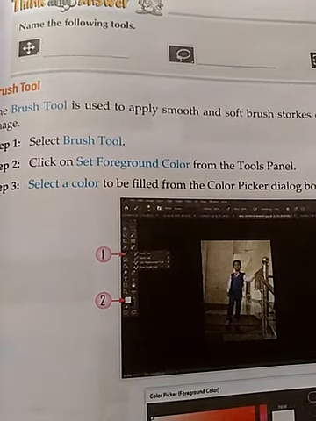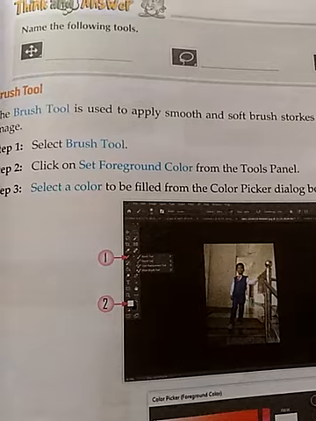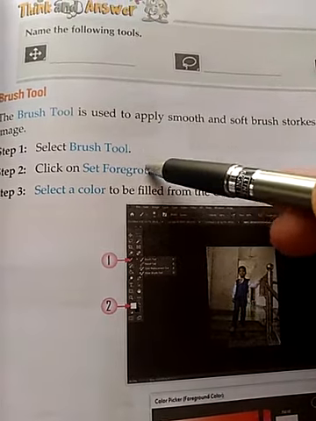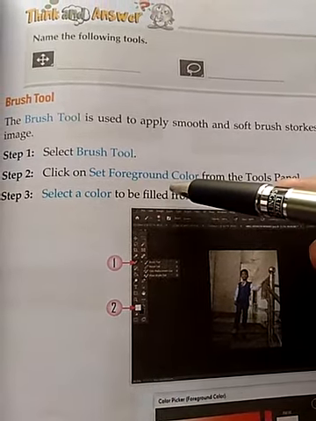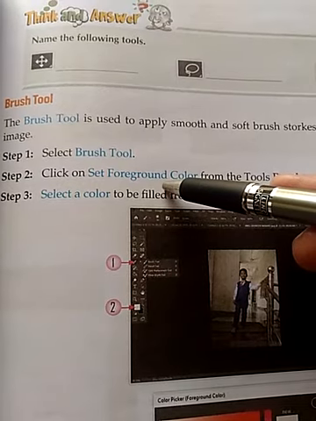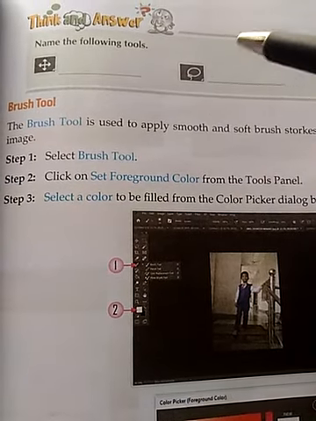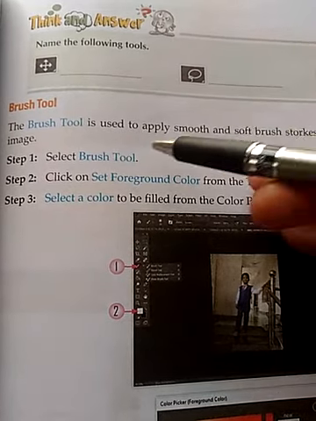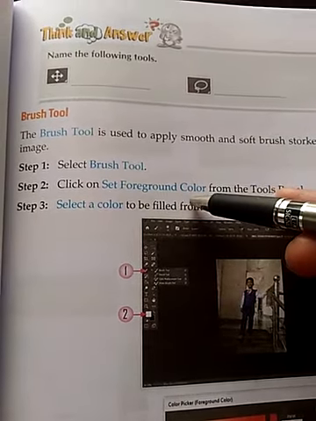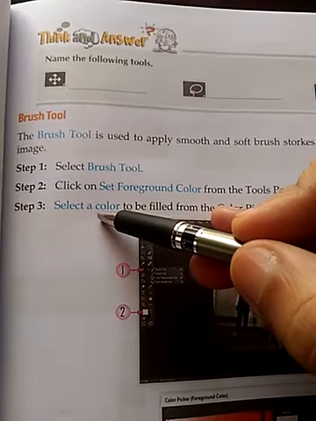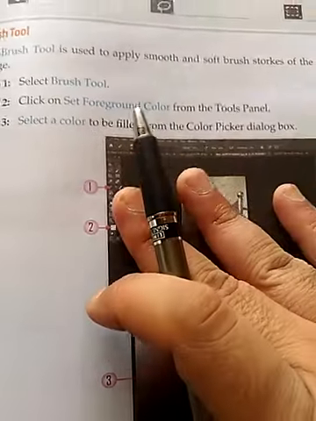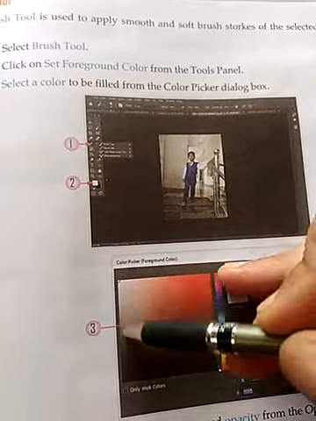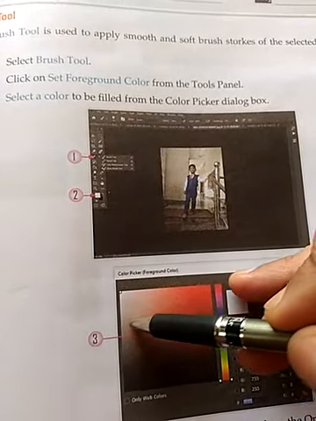Select the brush tool and click on the set foreground color. Foreground means the color which you are seeing at the front of the image. Background color means the color which you are seeing at the background of the image. So select the foreground color from the tool panel here, and after that select the color which you want to apply on that particular portion.